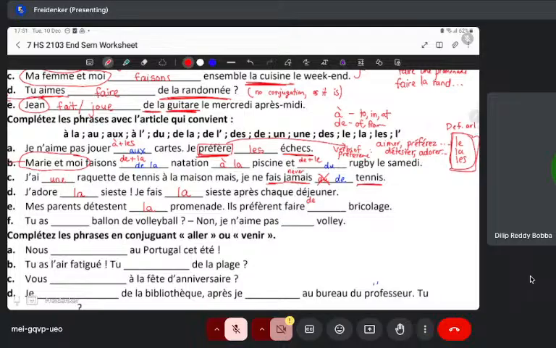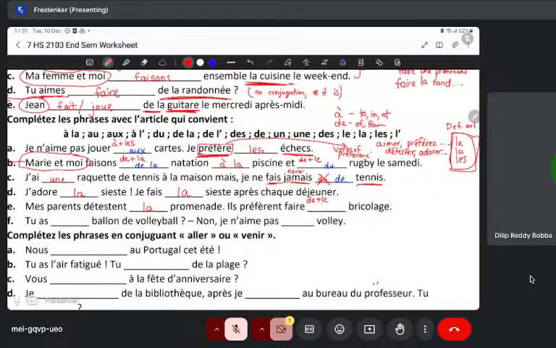So this is ending with AGE, but it is masculine, because most of the words ending with AGE are usually masculine. Exceptions include plage. Plage ends with AGE, but it's feminine. But anyways, this is masculine.